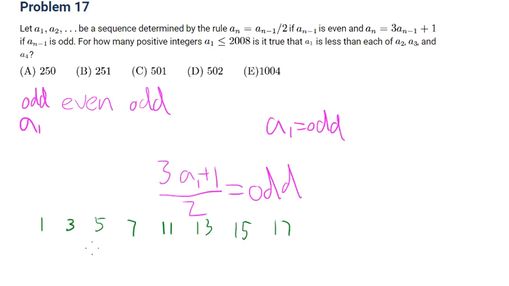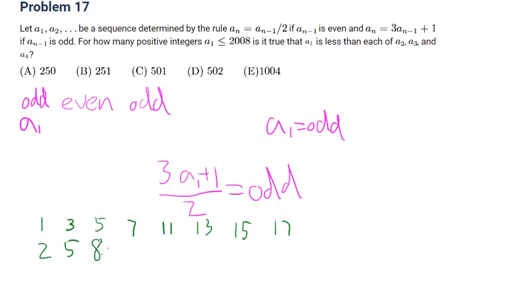Okay, let's compute this. 3 times 1 is 3 plus 1 is 4, divided by 2 is 2. Then 3 times 3 is 9 plus 1, 10, divided by 2 is 5. 3 times 5 is 15 plus 1 is 16, divided by 2.